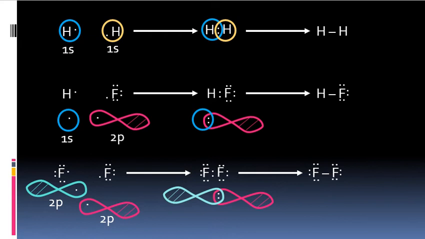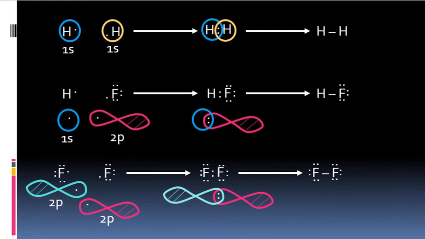In the case of hydrogen fluoride or hydrofluoric acid, depending on the state of the molecule, HF, hydrogen has its 1s orbital available for bonding, and fluorine has one of its 2p orbitals available for bonding.